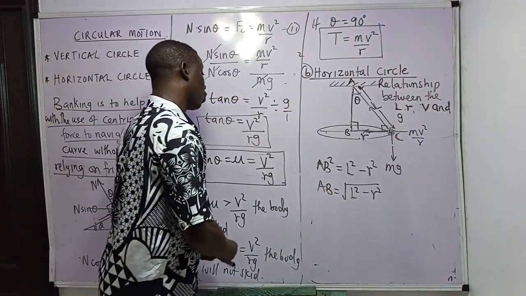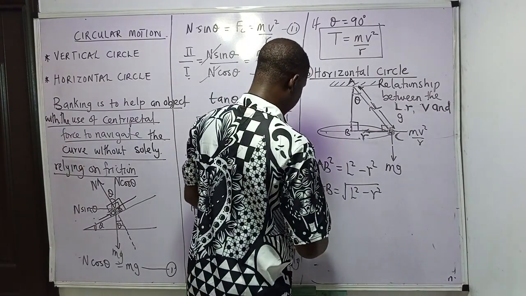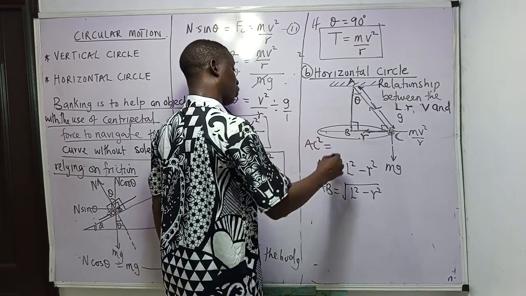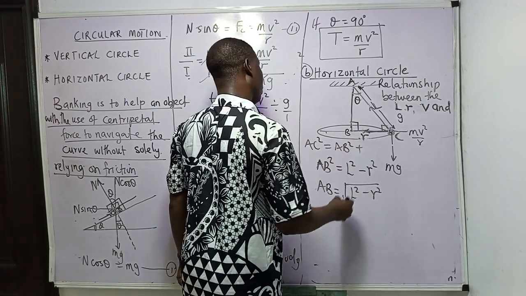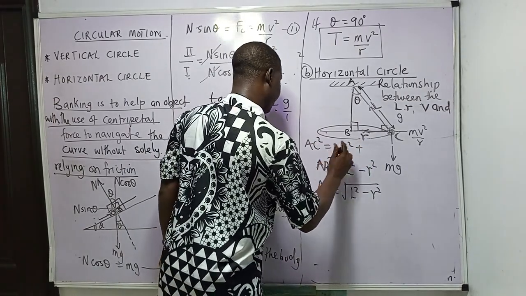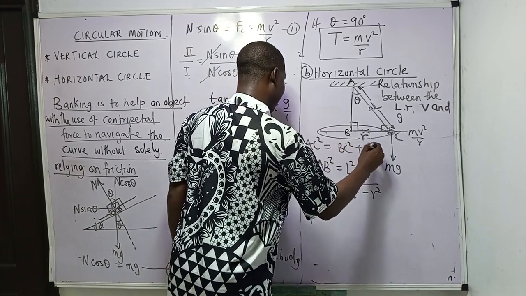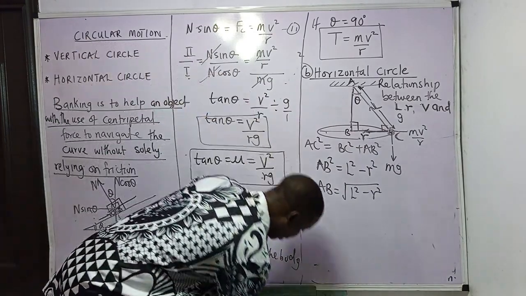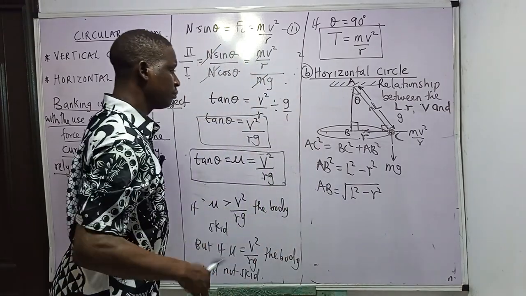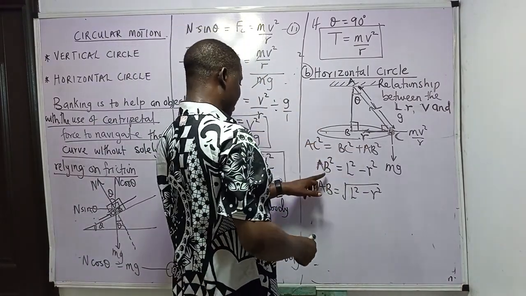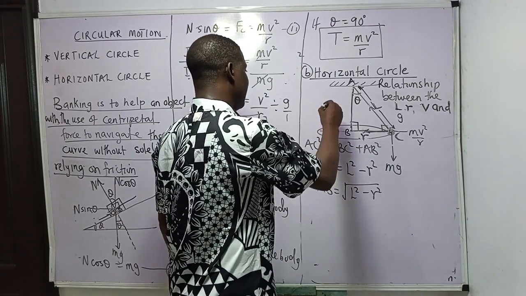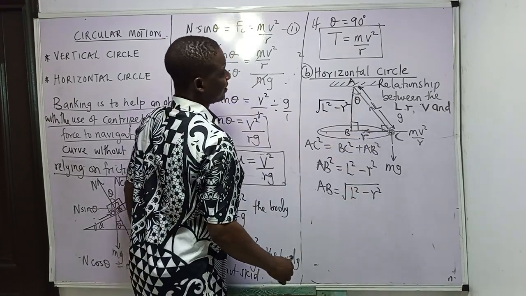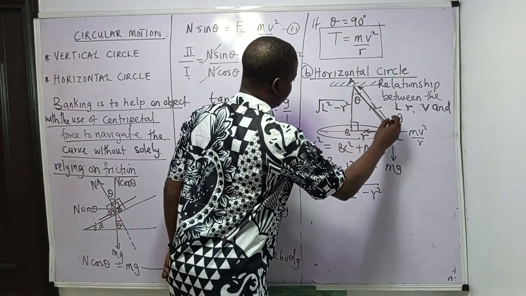So if you want to look at it thoroughly using Pythagoras theorem, it's simply telling us that AC, which is hypotenuse square, equals opposite square, BC, plus adjacent square, AB. So that's what I'm going to have. Now if you make AB the subject of the formula, you are going to have square root of L square minus R square.